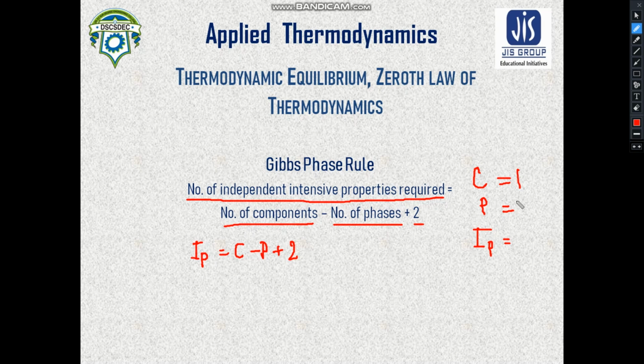So the number of phases becomes 2 and the number of independent properties becomes 1.